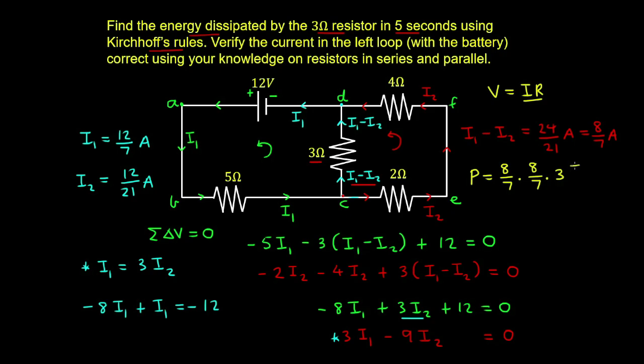So that will be in joules per second. So what we get is 192 on 7 joules per second, or watts. And therefore the energy dissipated is obtained by multiplying the power by 5 seconds. So that would give 137.1 joules.